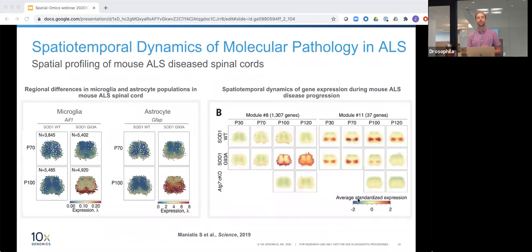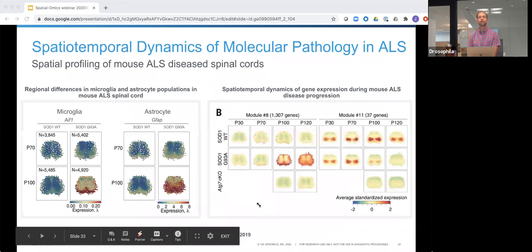One of the most exciting papers using spatial transcriptomics technology came out last year. This was a Science paper looking at the molecular pathology of ALS. Mice that you give this SOD1 mutation will develop a disease that mimics ALS through the course of their lifetime.